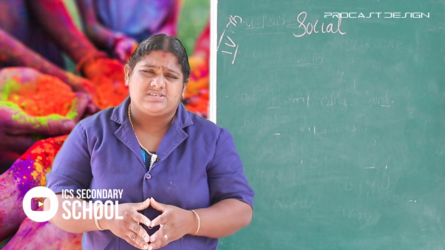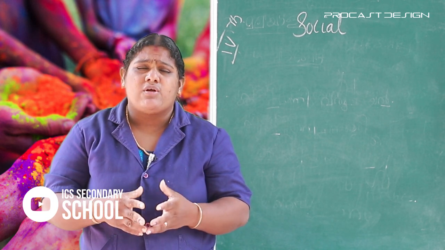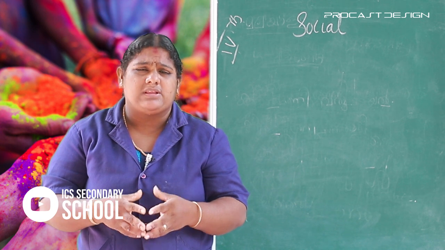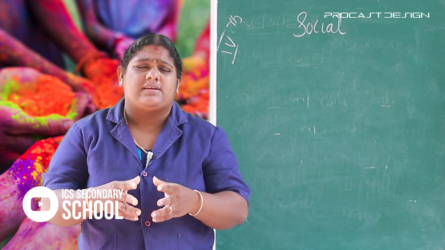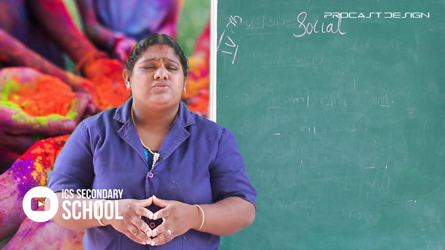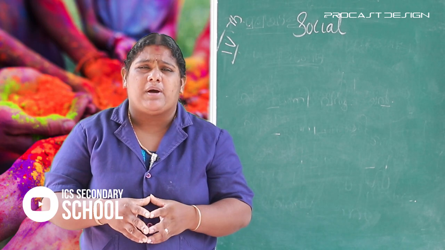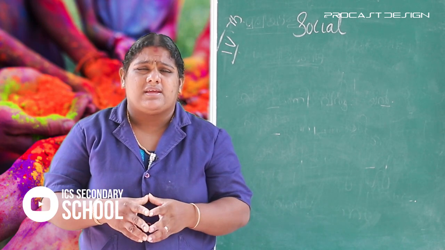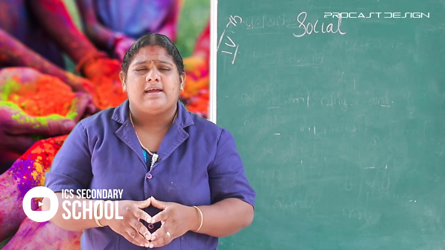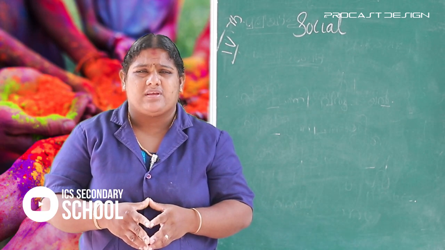There are so many features in a desert. We already studied them in our third chapter. Our Rajasthan desert is divided into two parts, the western part and the eastern part. The western part is the Thar desert and the eastern part is a highly populated area.